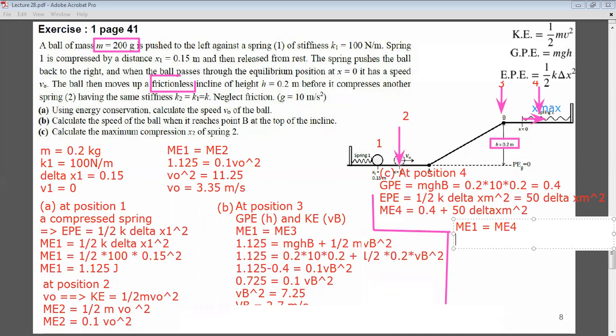Mechanical energy at position 1, we calculated it, it's 1.125. This is equal mechanical energy at position 4, which is 0.4 plus 50 delta X maximum square.